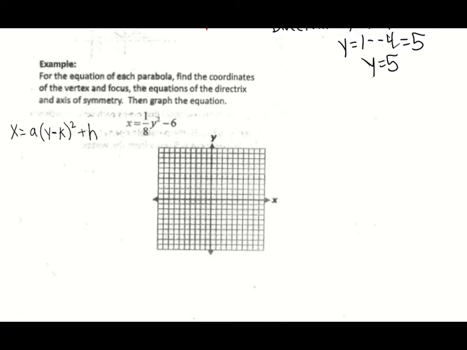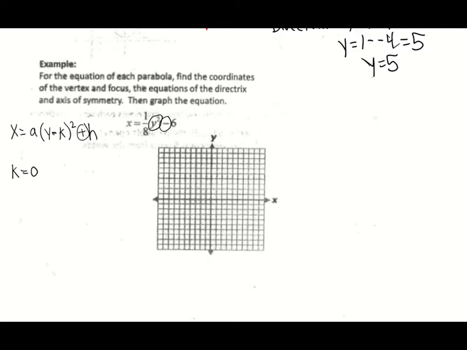Now, in this equation, we don't have a k. We have just a y squared term right here. So since we just have y squared, that means our k equals 0. We know our h, there's a negative right here, and it's supposed to be a positive.